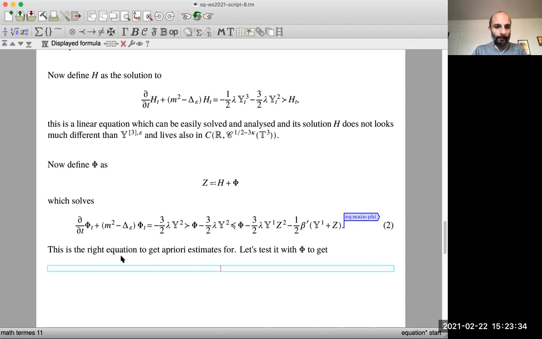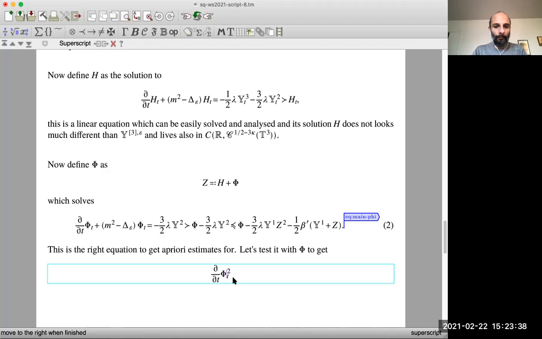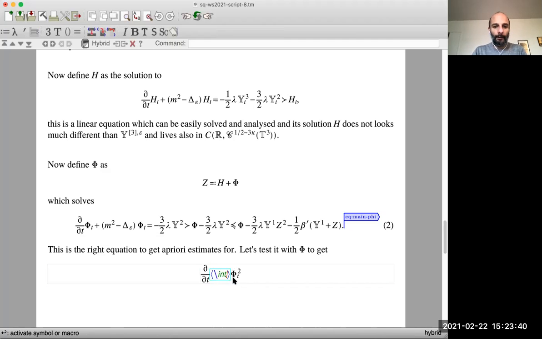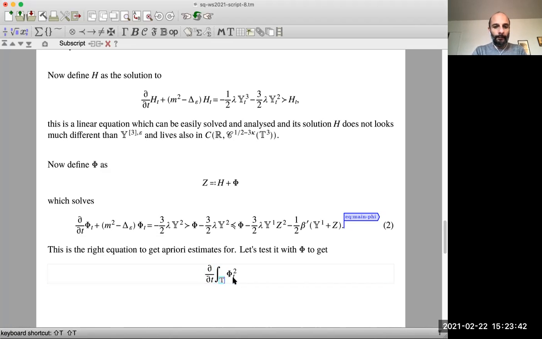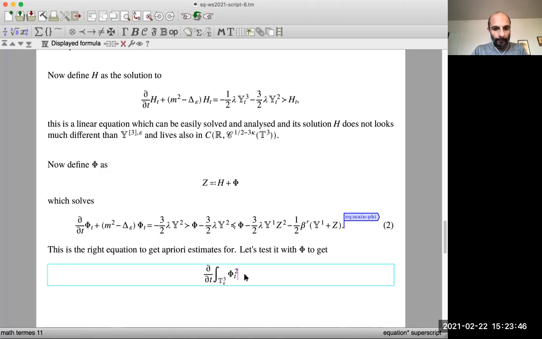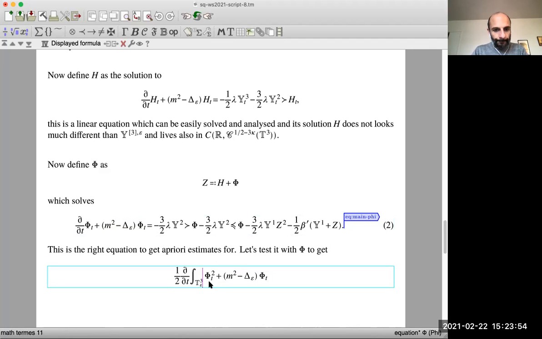What happens if I test with phi? Now you start to see the pattern, but somehow you always get the same thing. You get an integral over the torus, the derivative, 1/2, and then you get this quadratic form.